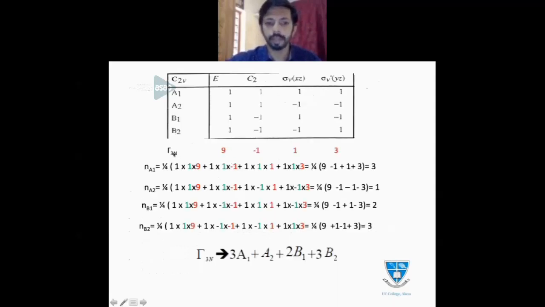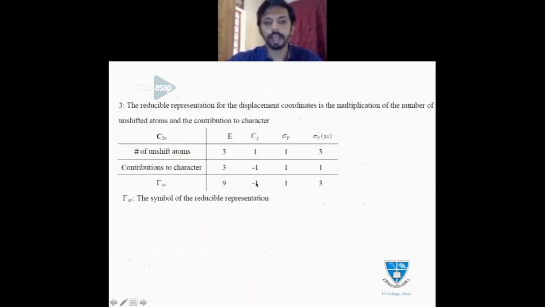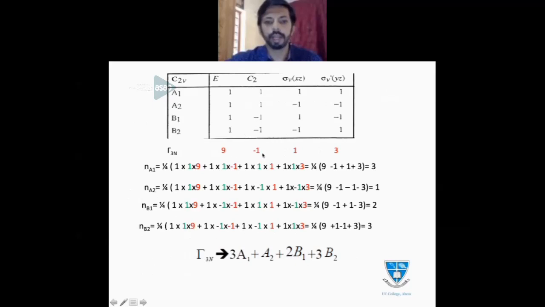So this is our reducible representation, gamma 3n, that is equal to 9, minus 1, 1, 3. This we have determined in the previous slide. And this is very familiar.